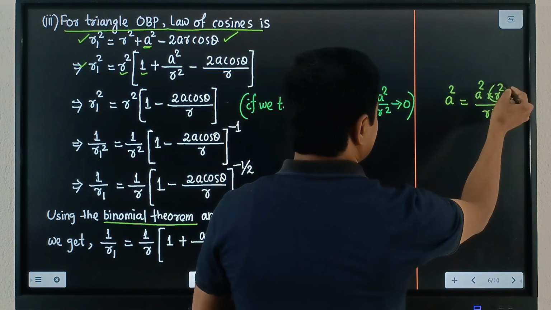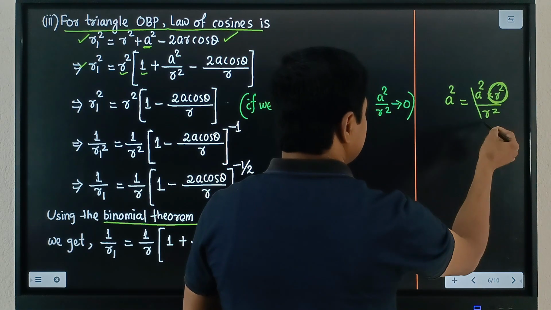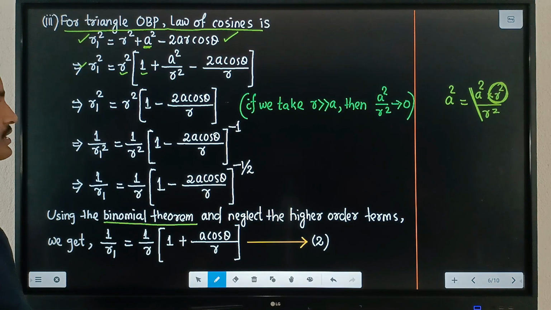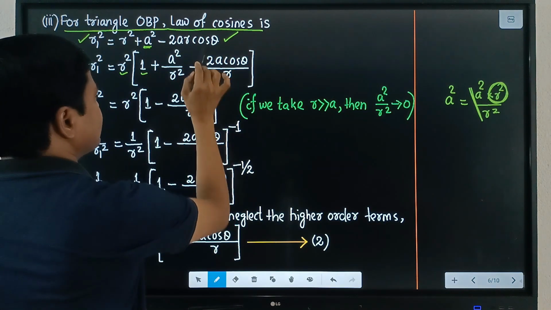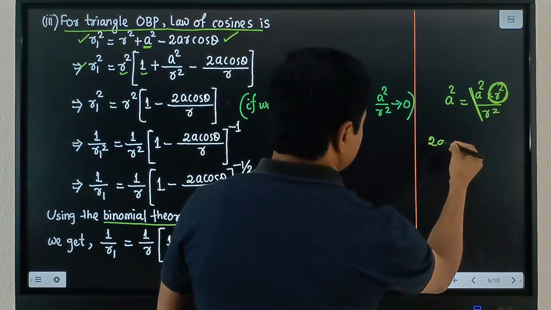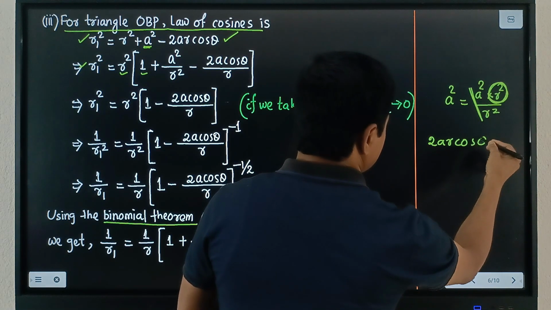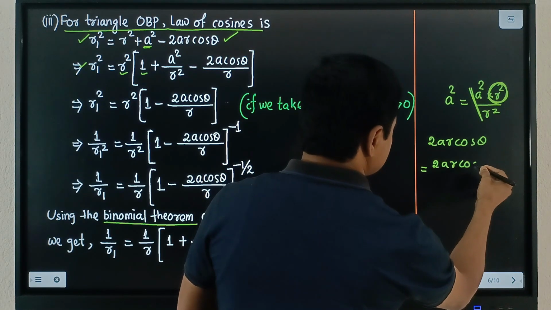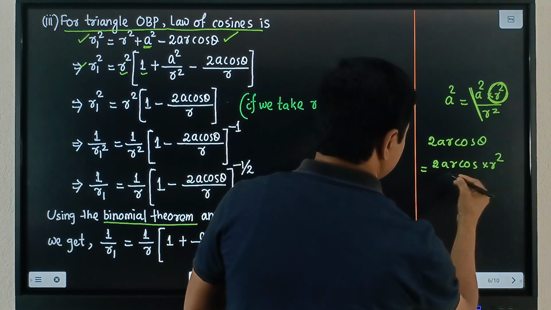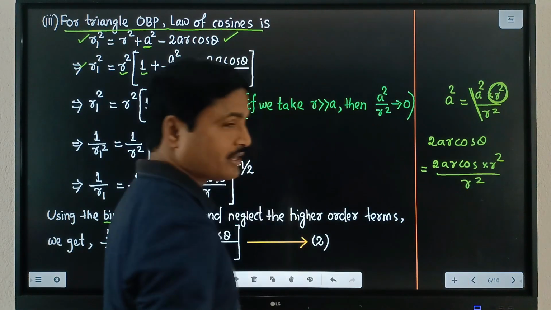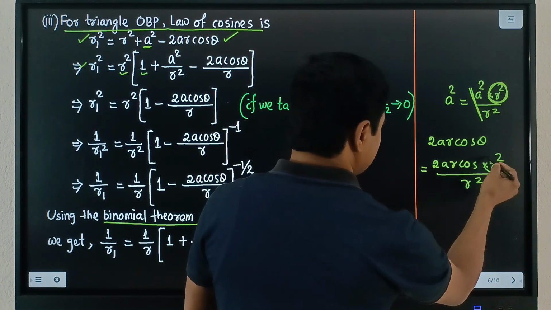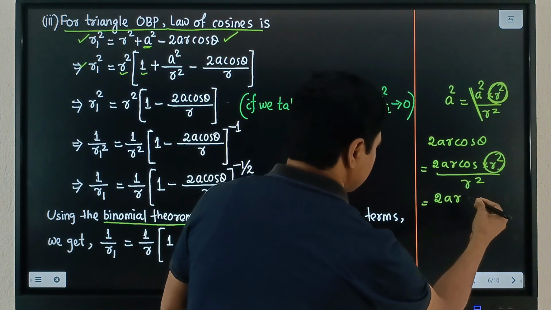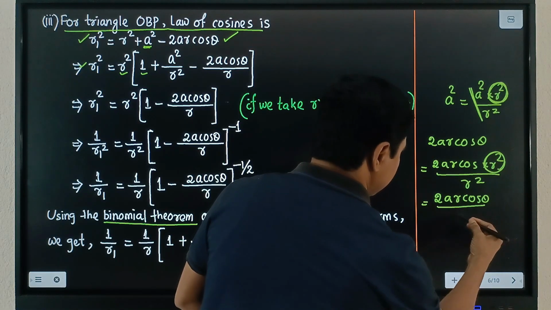If we take r square as common, the remaining is twice ar cos theta divided by r square.